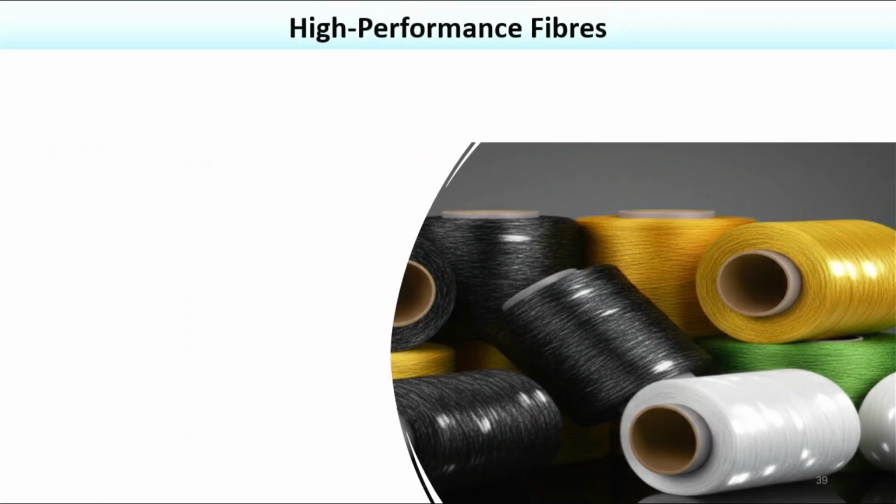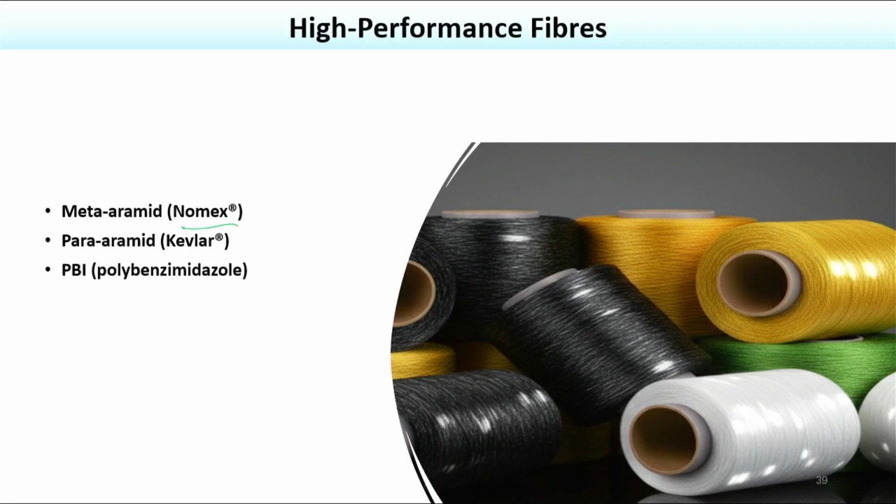Now, coming to the high performance fibers, there are a large number of high performance fibers, meta-aramid. Nomex is DuPont's fiber. There are different types of meta-aramid fibers used for firefighter clothing. Para-aramid is also used, it also has higher strength. PBI fiber, PBO fibers are also used.